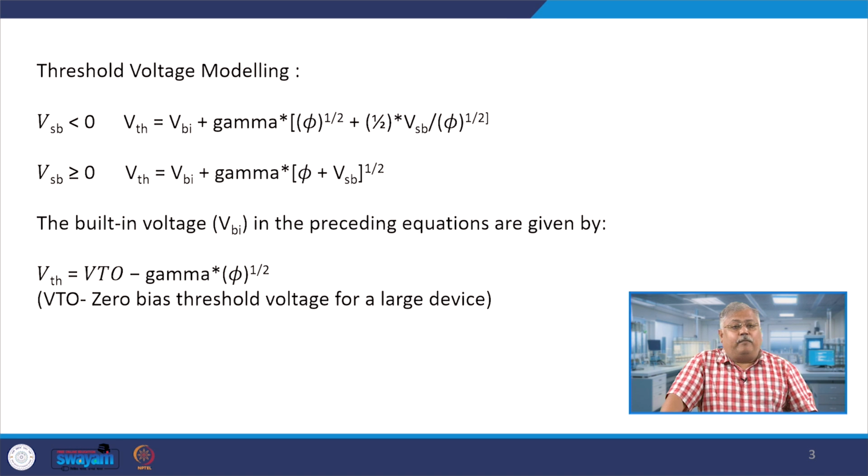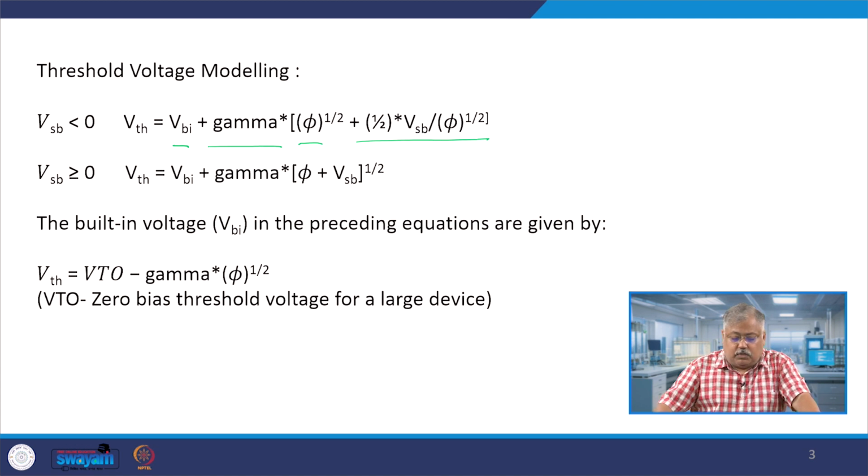Now, if you want to model the threshold voltage in level 1 for VSB less than 0, which means you have a negative VSB, then it is given as VTH equals V built-in plus gamma times (phi plus 1/2 VSB by root phi) as the overall value of the threshold voltage. And when VSB is greater than 0, then we write this as gamma times root of (VSB plus phi).